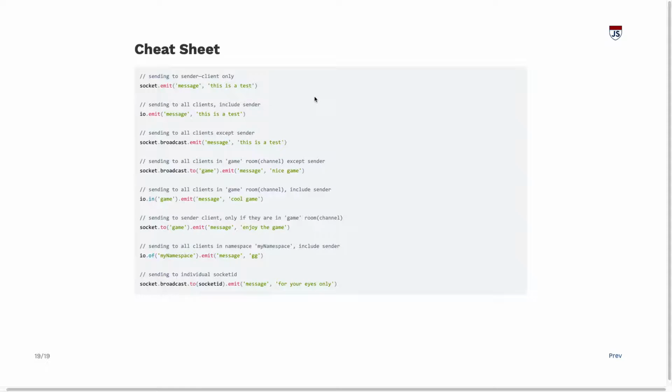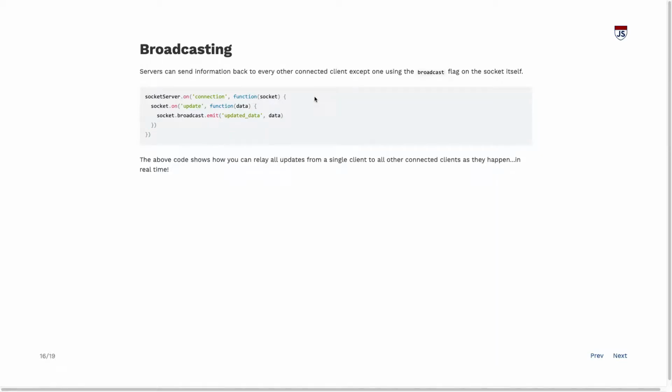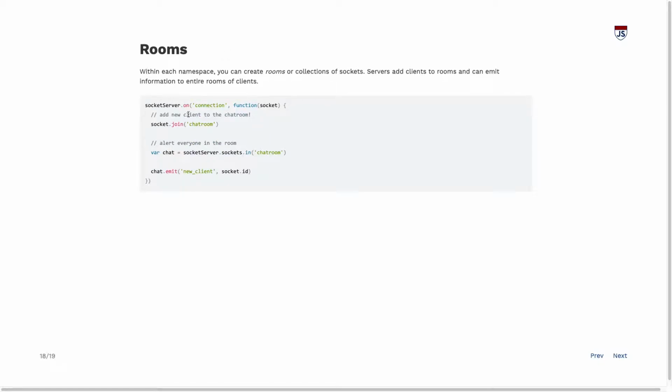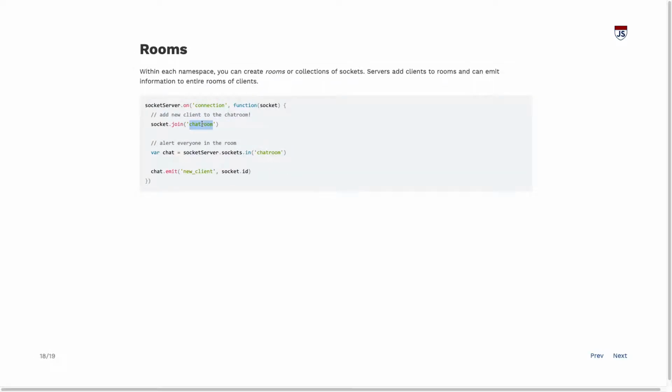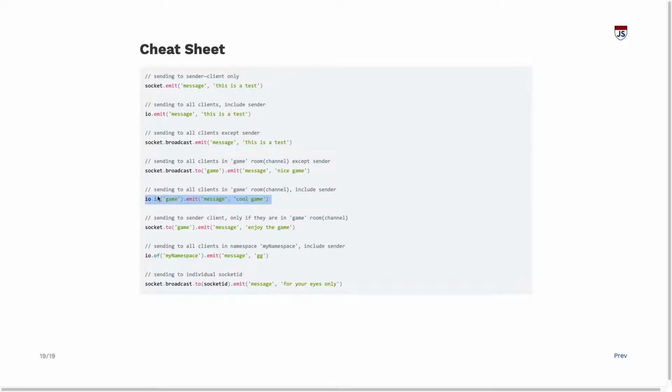For in, does the client have to be in the room to receive? Exactly. You know in that previous slide where we had socket.join right here. So what is this one called? It's called game. So I would have to explicitly make this socket join the game room, right? And then I can send messages to that particular client.